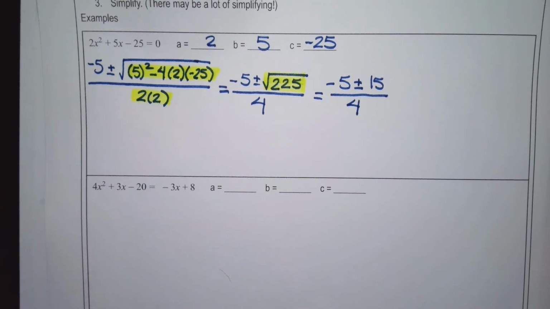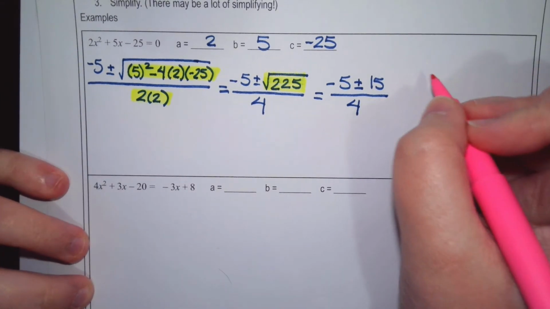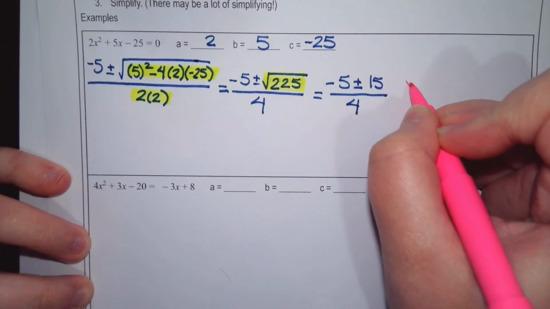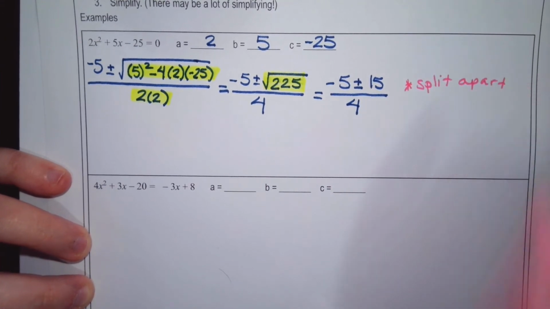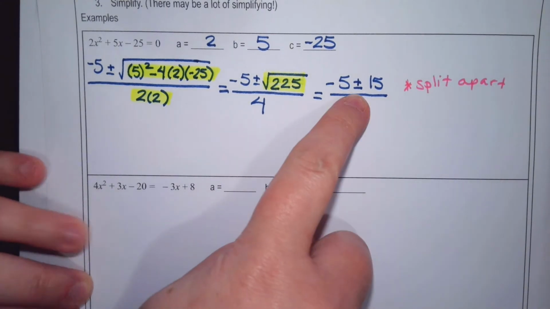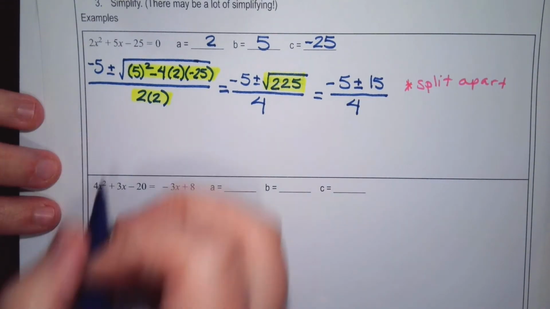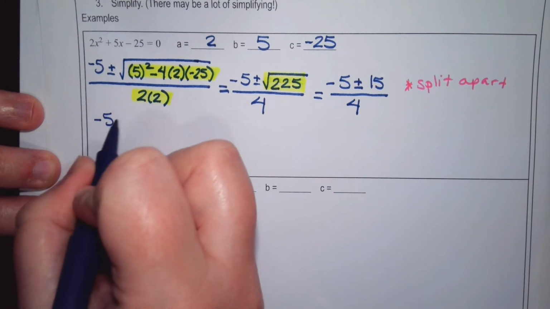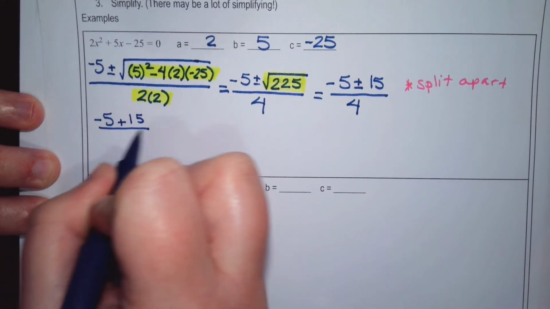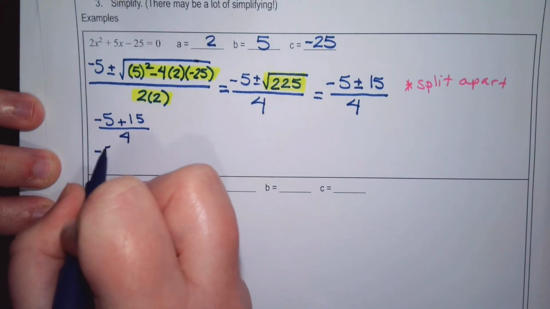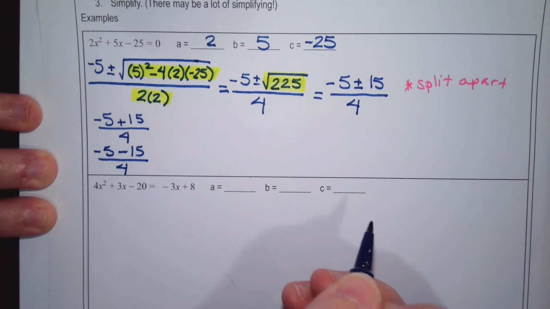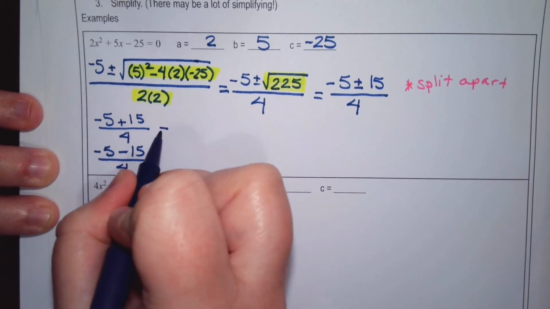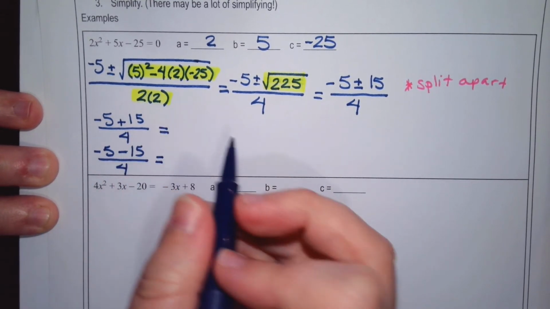So at this point, what we're going to do now is split apart. What I mean by that is we have a plus or a minus, so that gets split apart into negative 5 plus 15 all over 4, and then negative 5 minus 15 all over 4. And then we simplify those.